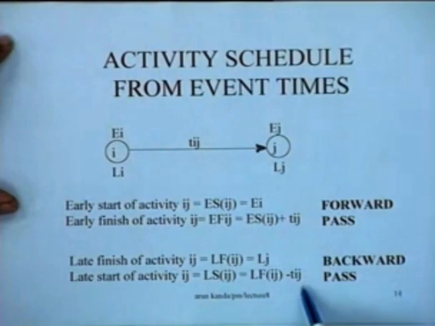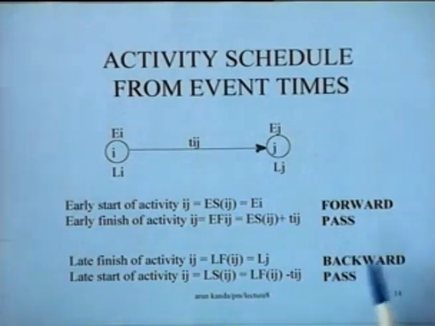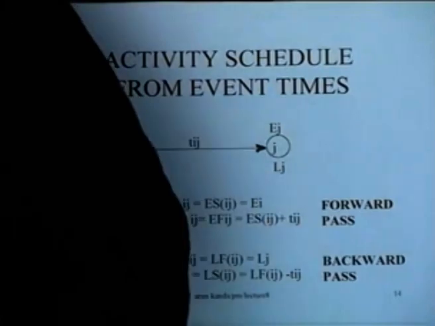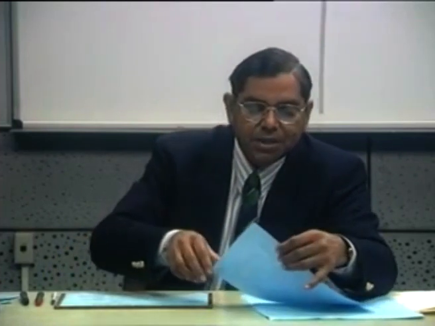So this information is actually available from the information from the backward pass. So essentially the forward pass and the backward pass are determined to give us the information pertaining to the early start and early finish, the late start and the late finish for the activity.